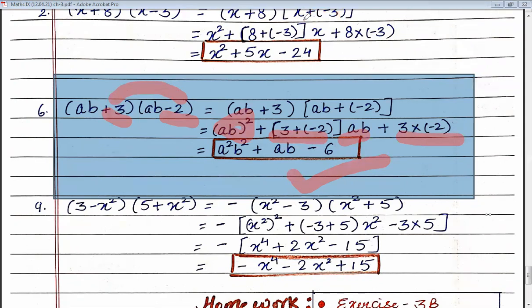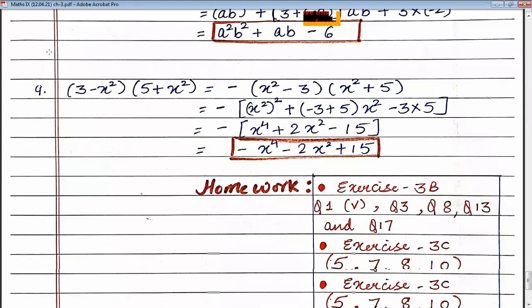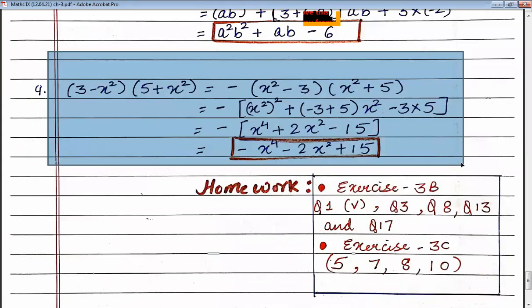Okay children, now let's move on to our last one, the ninth one, that is 3 minus x square times 5 plus x square. So here your answer is minus x square minus 3 times x square plus 5. Now children, can you tell me which one is your first term here? That is x square.